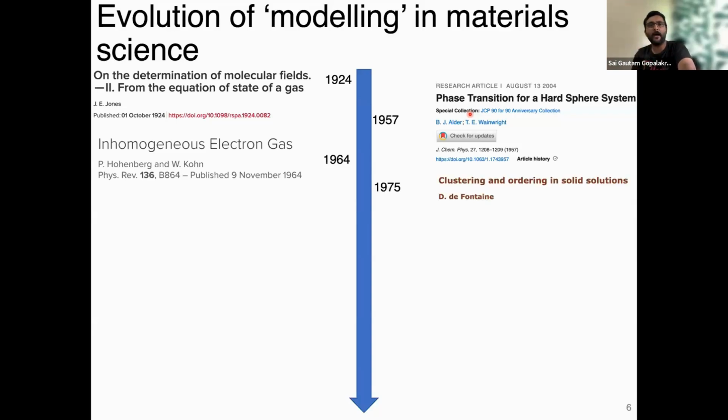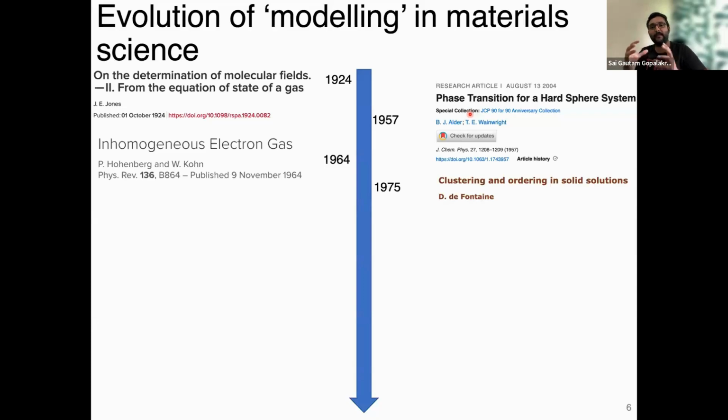The mid-1970s marked a new direction of modeling materials, which is in the form of lattice models. Most materials, microscopically, form very ordered configurations, very three-dimensionally ordered configurations, which we typically call lattices, right?